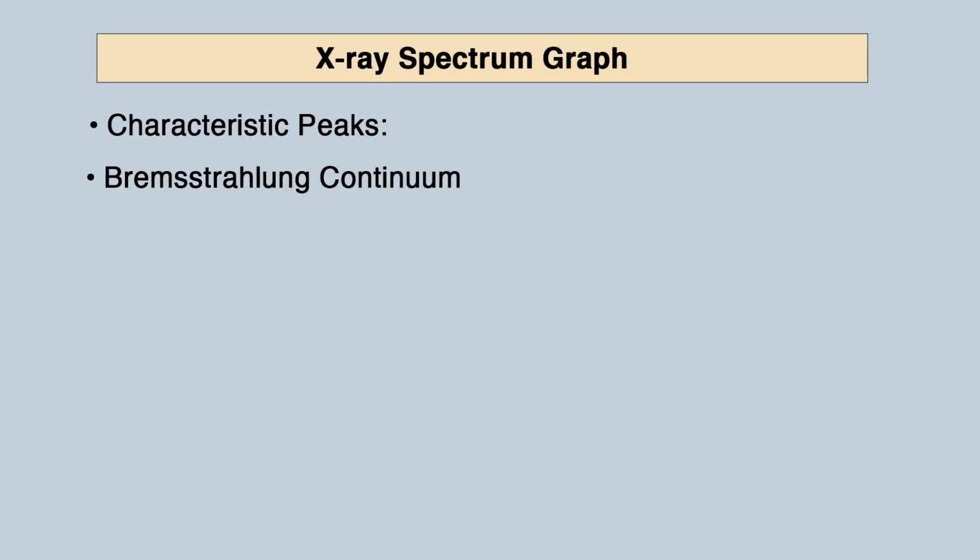In an X-ray spectrum graph, the spectrum typically represents the intensity of X-ray radiation against the photon energy. Sharp peaks appear at specific energies corresponding to the characteristic X-ray emission.